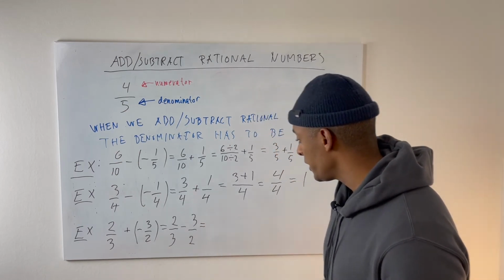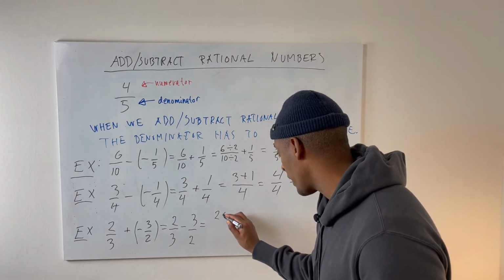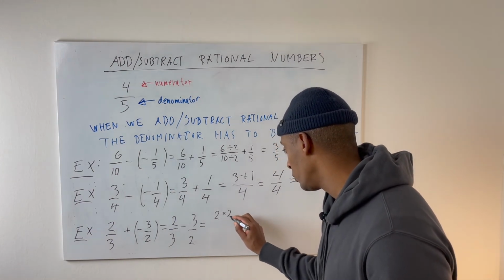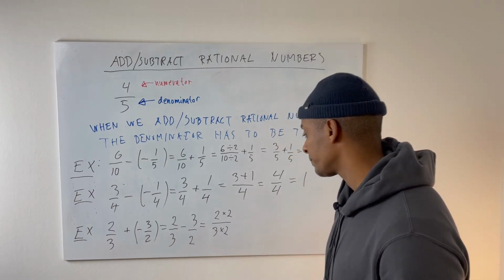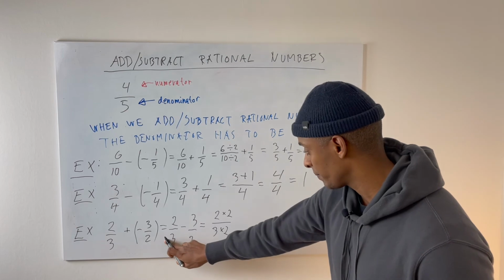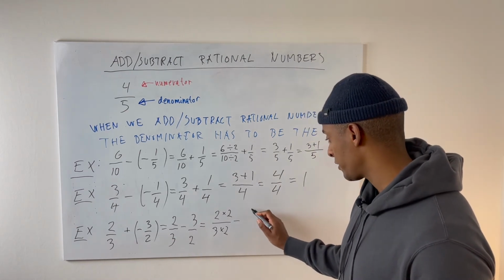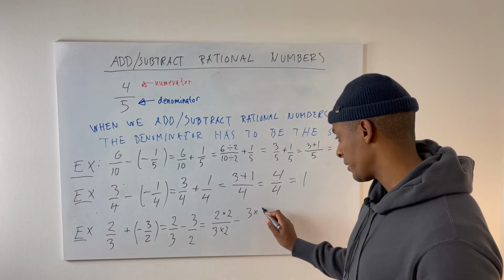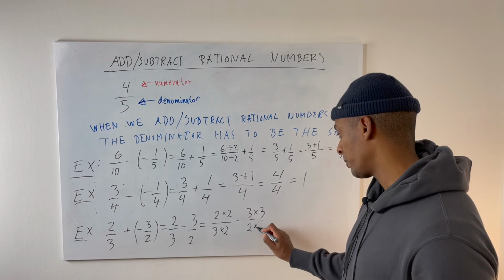So what we're going to do is take 2 multiplied with 2 divided by 3 multiplied with 2. That's this one. Minus 3 multiplied with 3 divided by 2 multiplied with 3.